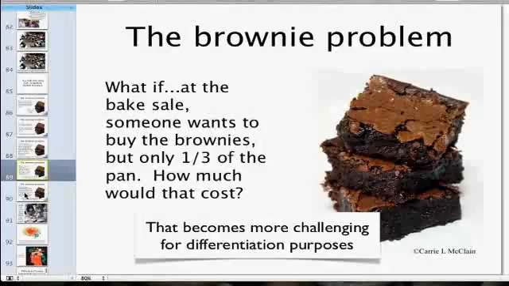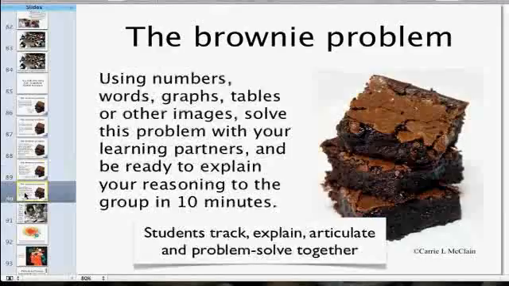And then finally, probably the most important idea about CGI is students track their thinking, they explain, they articulate, and they problem solve together. They're put in small groups to solve problems. They're given a real world applicable scenario, and then they're asked to use numbers, words, graphs, tables, or other images to solve this problem.